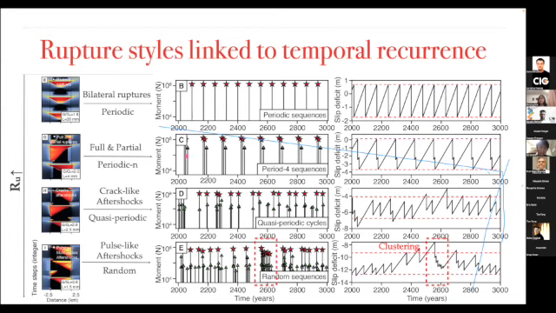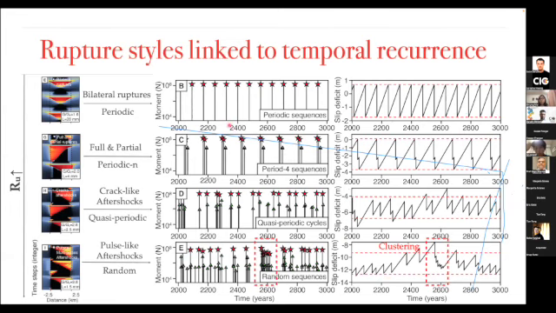Here, this middle column is the earthquake time history. The x-axis is time in years, and the y-axis is the moment. The stars and triangles are major and minor earthquakes. And the right side is the associated slip deficit.